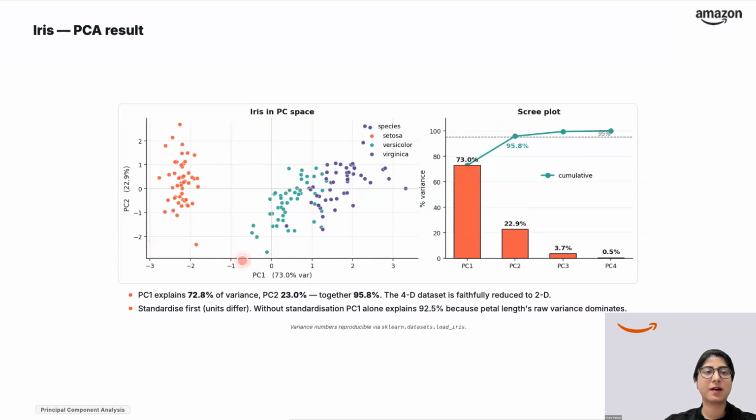So with the first principal component, you are able to classify this class completely. However, these two classes are not well separated, right? But with the two principal components, you have around 96% of the information captured, and the rest have less. So with two principal components also, we can represent this data.